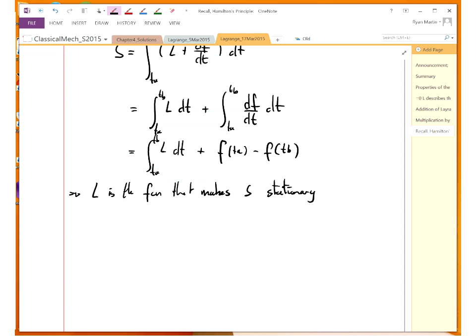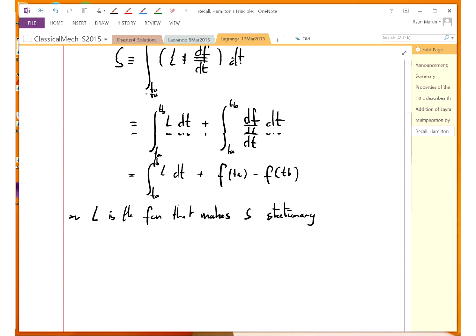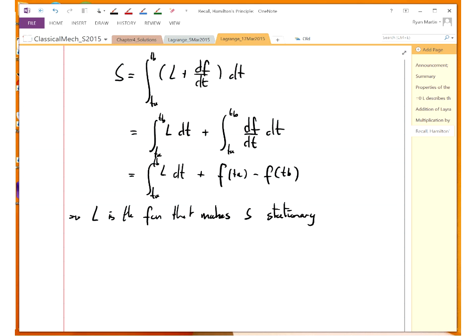So the fundamental principle here is that S is stationary. That is the fundamental principle of Hamilton's principle, that L is the function that makes S stationary. But the fundamental concept here is that S must be stationary. So what is the condition for S to be stationary?